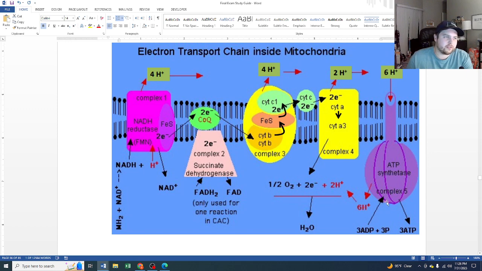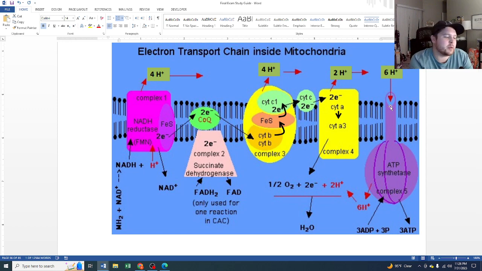So the hydrogens are going to flow through here, and inside of this protein, you can think of it like a turbine or like a fan blade almost, and it's going to cause it to spin.